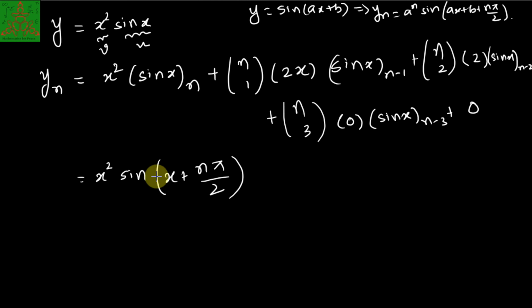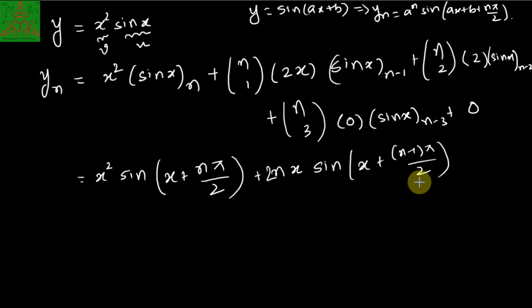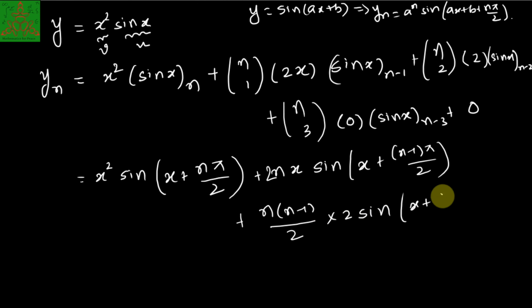So as per this, nC1 is n, 2x sin(x plus (n minus 1) pi by 2), plus nC2, it is n into n minus 1 by 2, into 2 sin(x plus (n minus 2) pi by 2), and the further terms will become 0, and the 2 will get cancelled out.